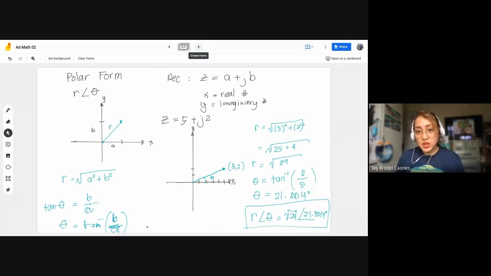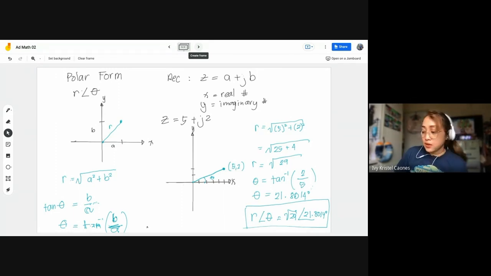There is no restriction about the solution unless it is stated that perform the multiplication in the rectangular form. So that means you have to use the FOIL method, or for the division of the rectangular form, you will use the conjugate. Why? Because there's an easier way of performing multiplication and division.